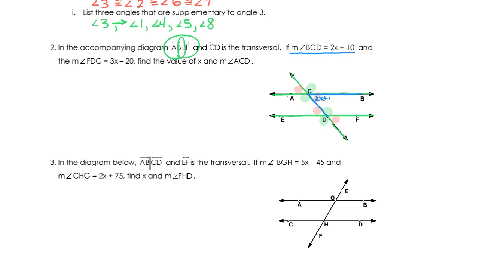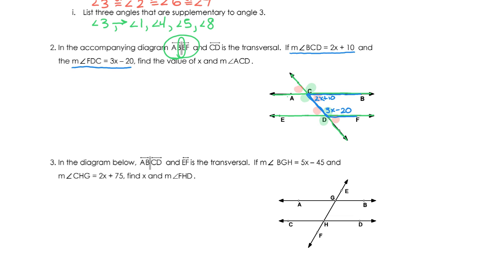Try to put the expression as close to the angle, the vertex of the angle as possible. Okay, and the measure of angle FDC. So F to D to C is this angle here, which is 3x minus 20. And so now they want us to find the value of x. So we have to figure out what's the relationship between those angles.